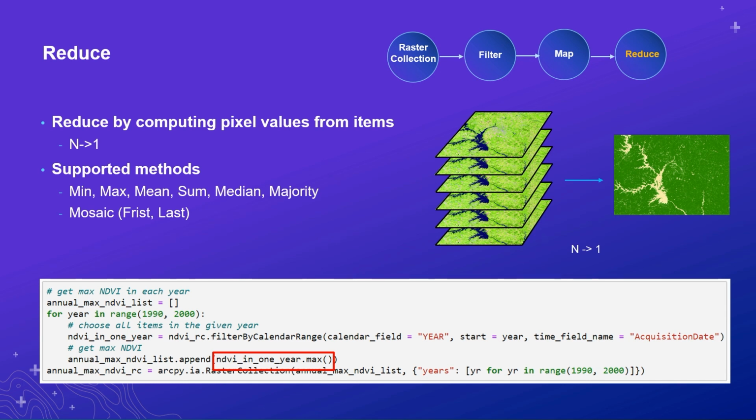And Raster Collection provides a few methods, like min, max, sum, and summarize, which, for example, min will calculate the minimum pixel values across all the items within the collection. And in this code example, we calculate the maximum NDVI value across all the items. And then we get one single item.